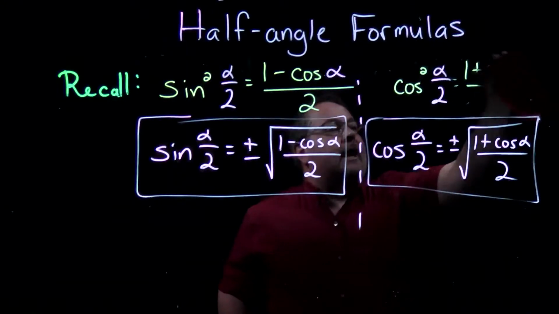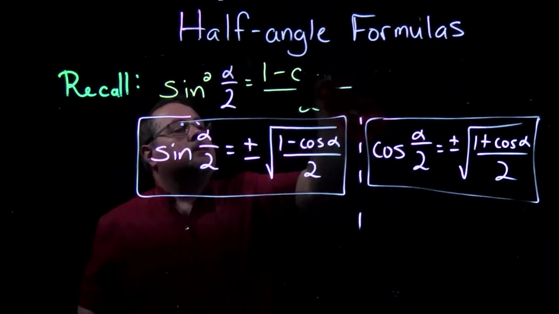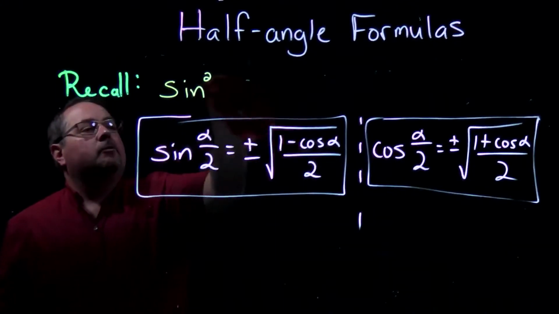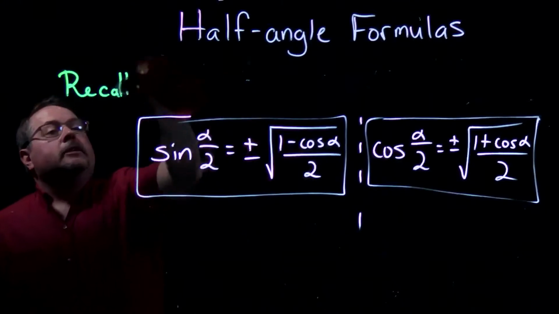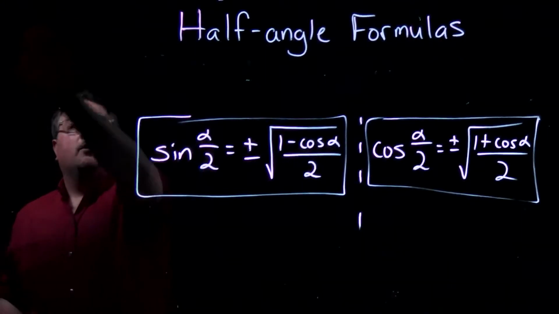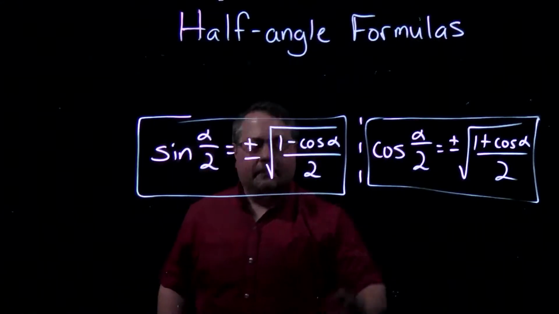Now when we do the half-angle formulas for sine and cosine, note that there's a choice to be made. There's a positive square root and a negative square root. The choice of plus or minus is going to depend on whether the sine of alpha over 2 or the cosine of alpha over 2 is positive or negative.